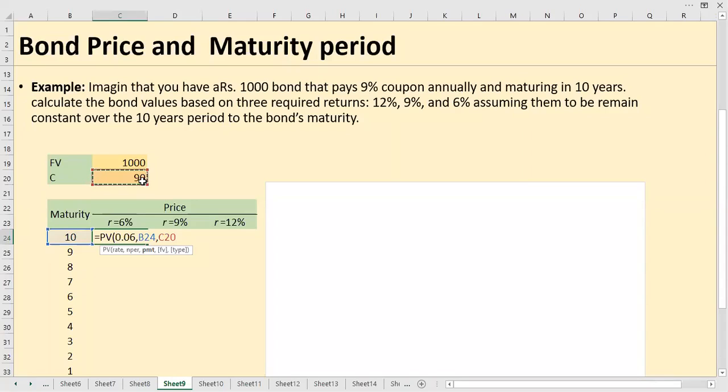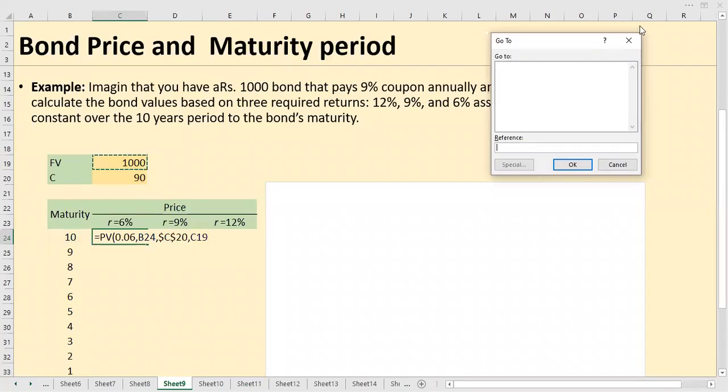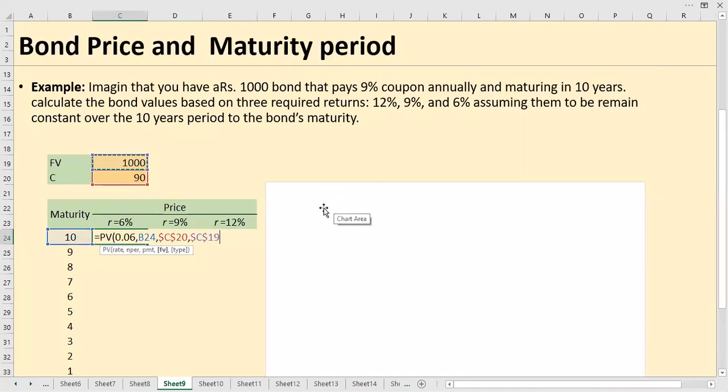I'm going to fix that value. And then we have the future value, which is 1,000. Again, I'm going to fix that value also. Then at the end of the year, I'm going to close the bracket and add the negative sign here and enter. So you get this as the answer for the bond price.